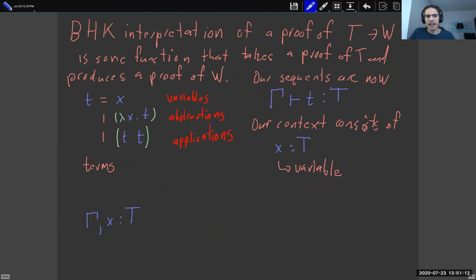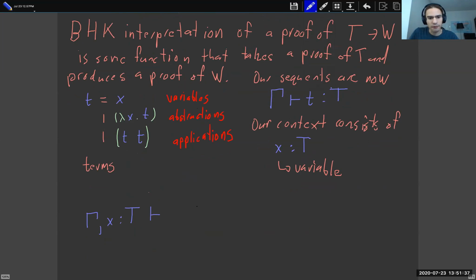So in this case, in context gamma, well, context gamma doesn't necessarily have t, but I've appended to it a proof of t. X is a term of type t. It's a variable, which we assume to have a certain type. Well, anyway, in this context, I can prove t. How do I prove t?